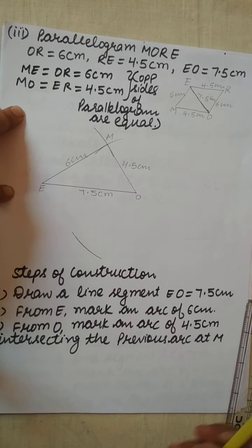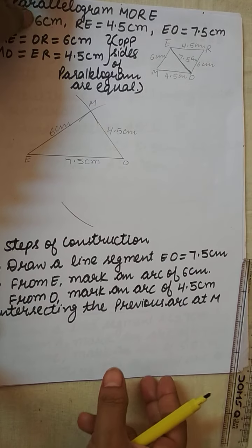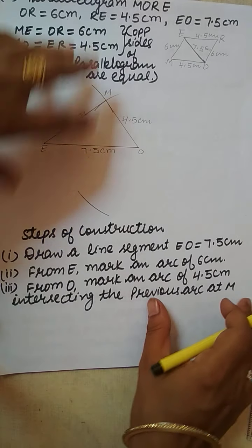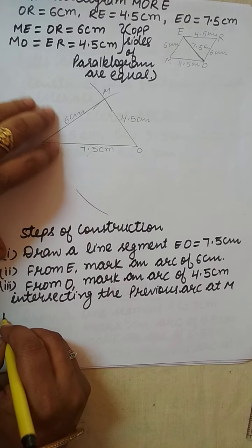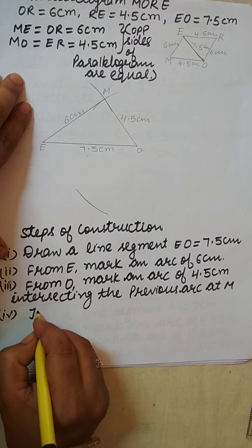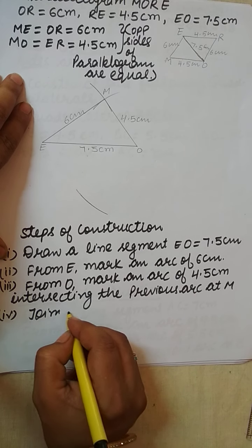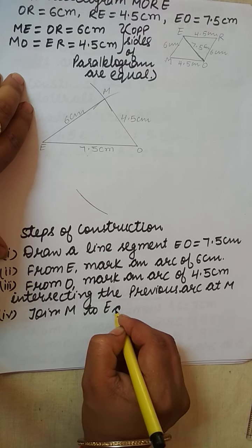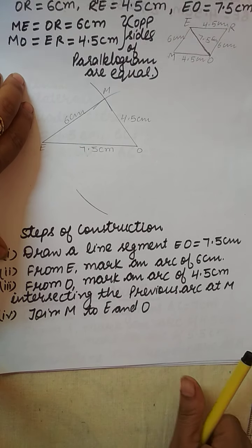Also write down the step of construction. Fourth step of construction is join M to E and O.